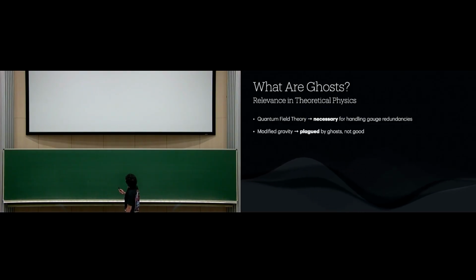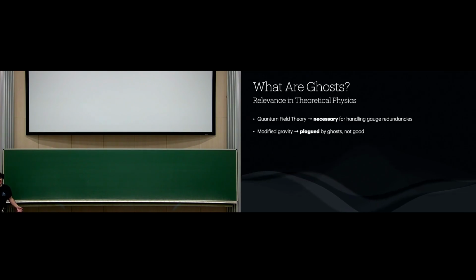However, in modified gravity, these show up all the time. As to why we want to work with modified gravity, it's because GR, albeit very good, is not perfect. We have more and more observations pointing towards the fact that GR is not our final theory of gravity, so we need to look beyond that.